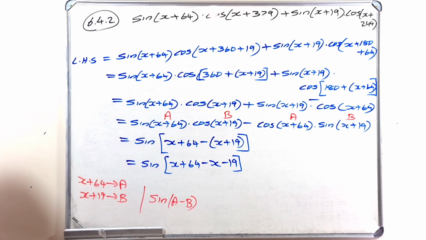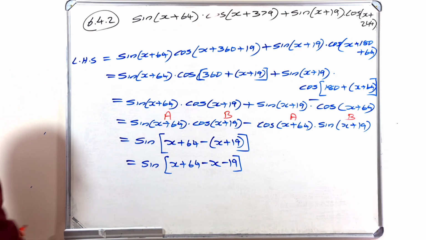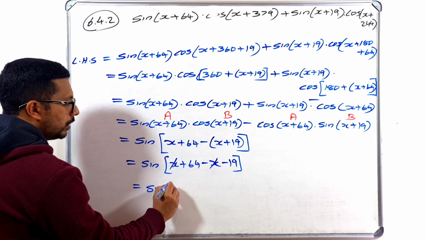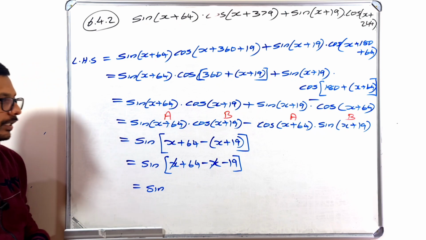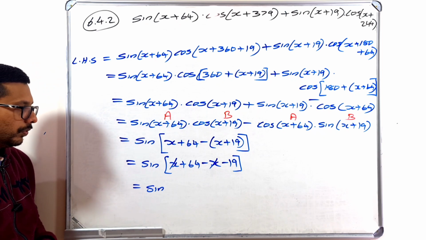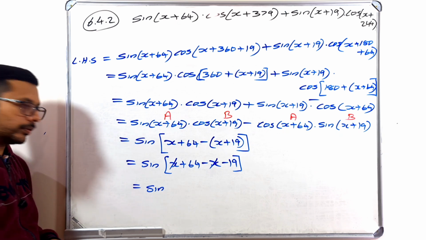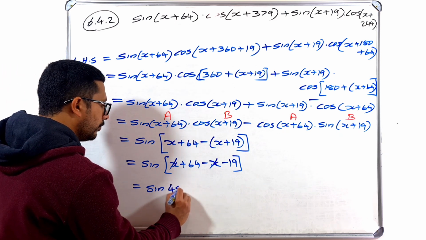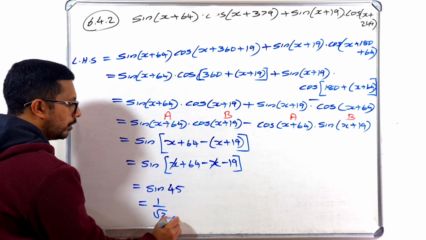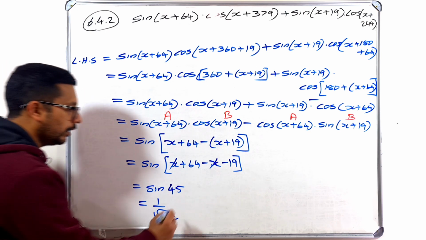So now that plus x and minus x you can cancel, so remaining is sine of 64 minus 19. What is 64 minus 19? 45. Okay, so it is sine of 45, and sine 45 is 1 over root 2, and that is what we want to prove. That is the RHS.